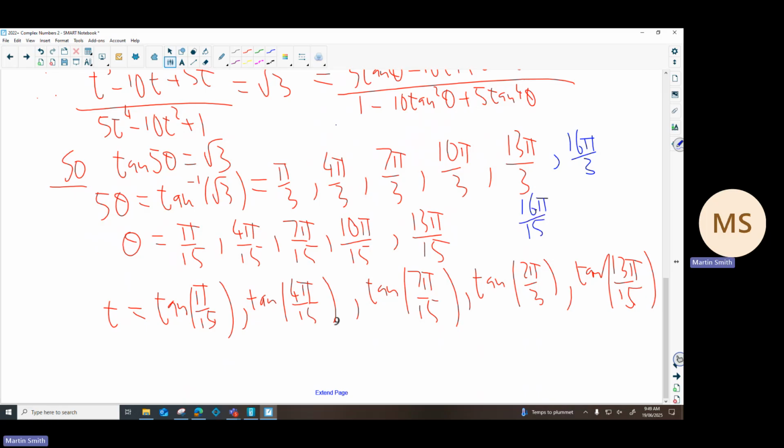That would have given me t is tan of 16 pi over 15. But tan of 16 pi over 15 and tan of pi over 15 are the same number. That's because they differ by pi radians. So whilst we could have got infinitely many values of theta, the values of t will repeat after you've got 5 distinct ones.